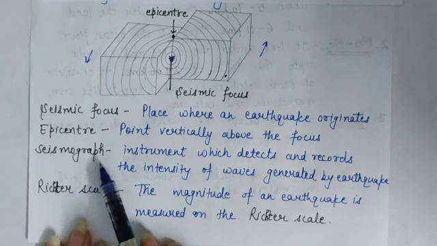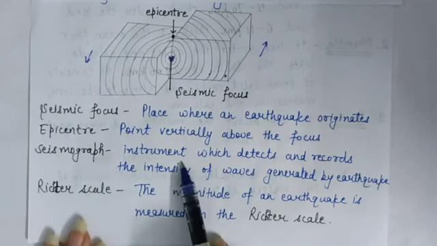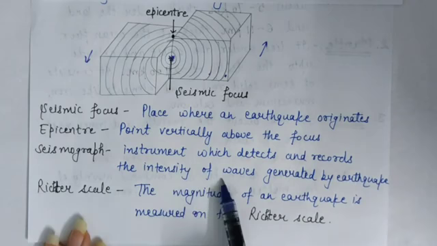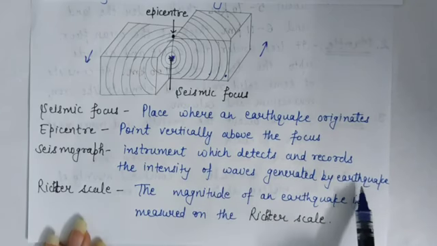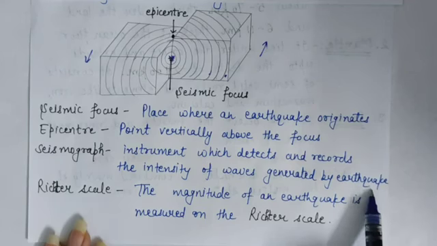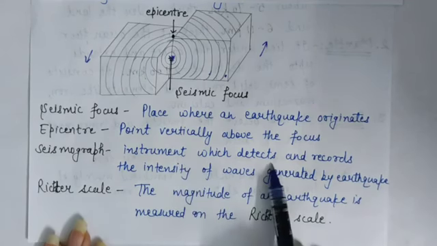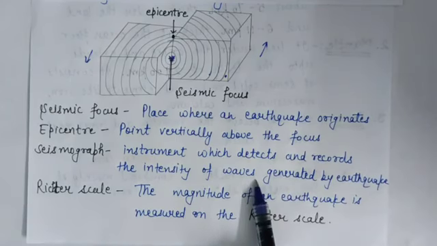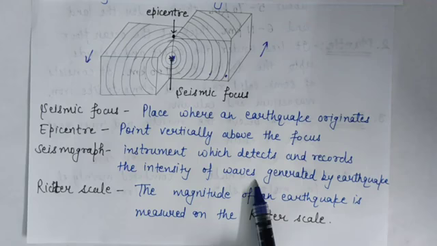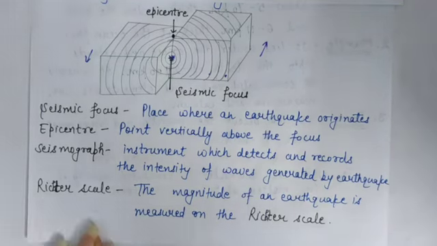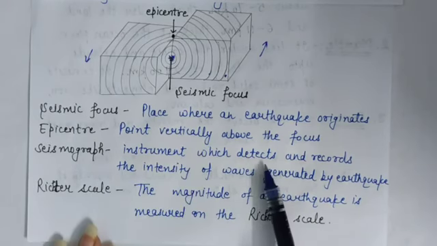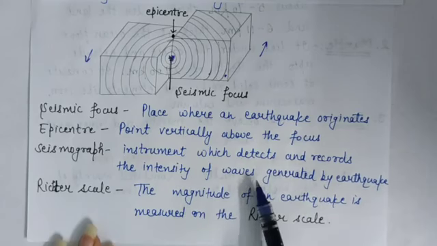Now, what is the function of the seismograph? A seismograph is an instrument which detects and records the intensity of waves generated by an earthquake. Basically by this instrument we can know how much intensity of earthquake had come.